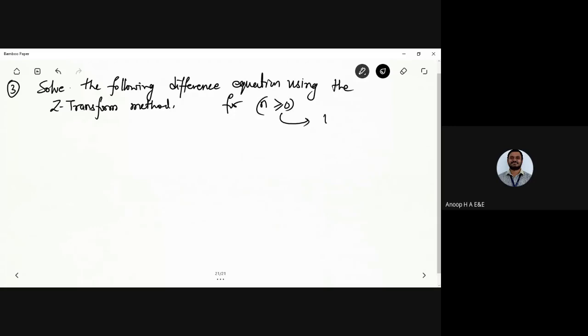So you can identify that it is a unilateral Z transform. 2 times x of n minus 2 minus 3 times x of n minus 1 plus x of n would be equal to 3 power n minus 2.